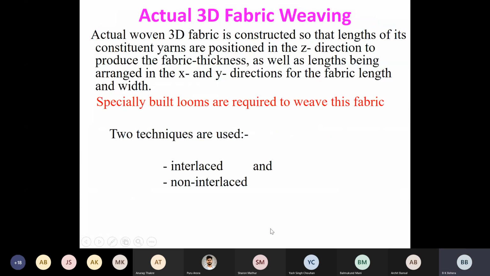So I discussed three different types of 3D structure which are not really true 3D fabric. Now we will discuss actual 3D weaving.